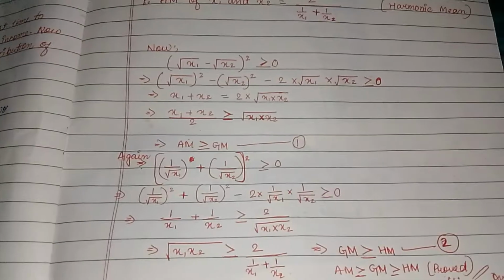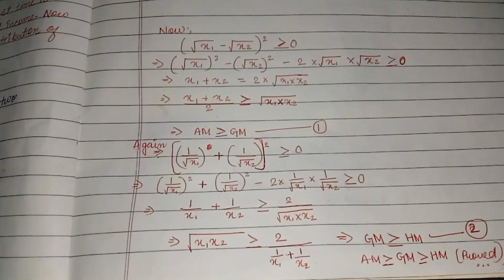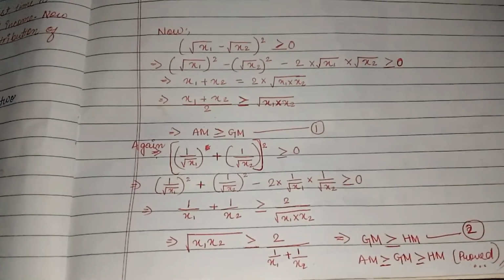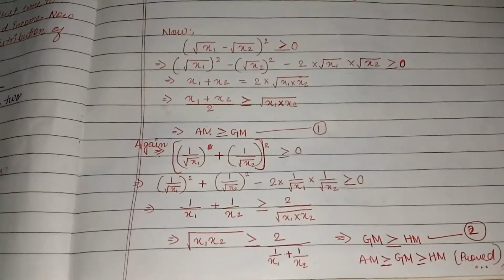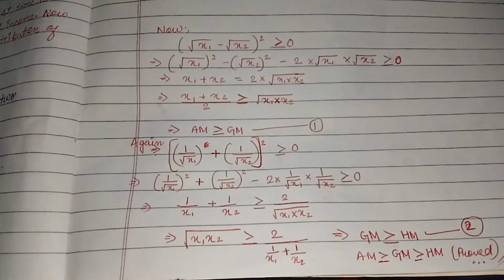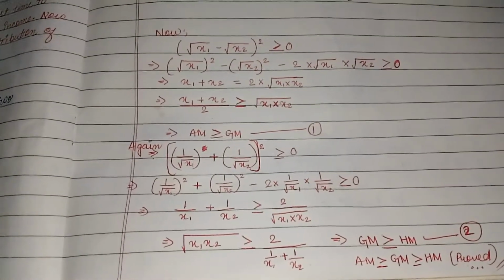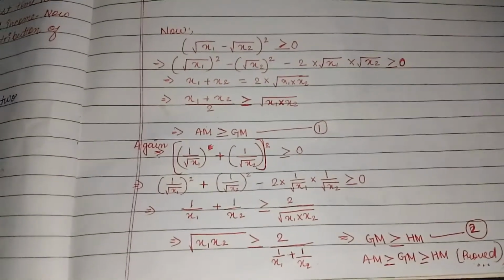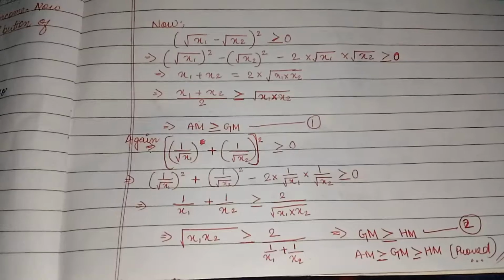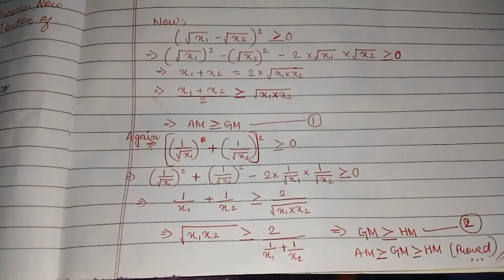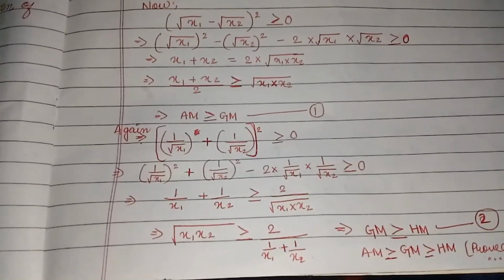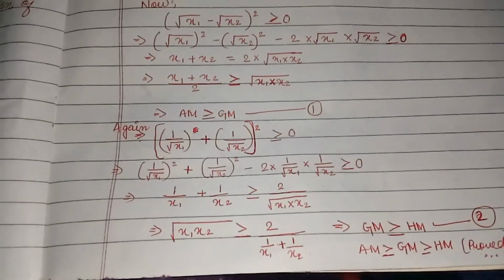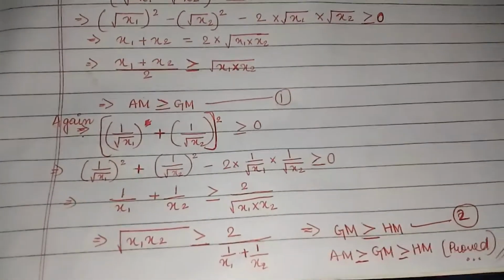As we can see, this is equal to (1 by root x1) whole square plus (1 by root x2) whole square minus 2 into 1 by root x1 into 1 by root x2 is greater than or equal to 0, which gives 1 by x1 plus 1 by x2 is greater than or equal to 2 upon root x1 into x2, which gives root x1 into x2 is greater than or equal to 2 upon (1 by x1 plus 1 by x2). Hence we prove that geometric mean is greater than or equal to harmonic mean.